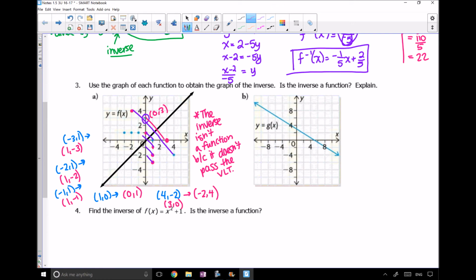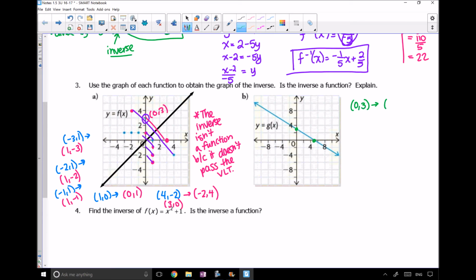Okay? All right, so now question B, I have a line this time and I want to find the inverse of my line. And essentially, I only really need 2 points in order to define a line. So what I'm going to do is I'll take my x-intercept and my y-intercept, and I'm just going to swap those. I know my y-intercept is (0, 3).